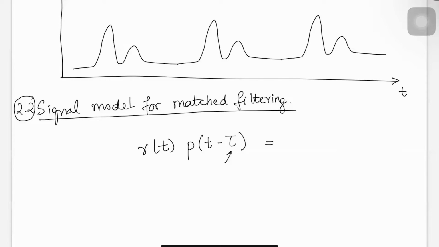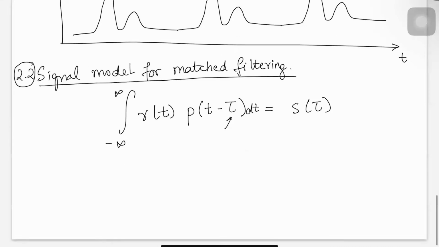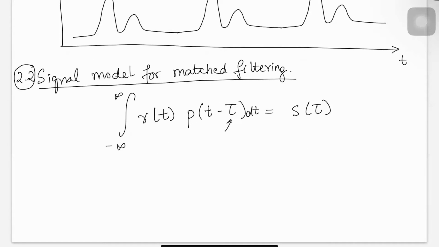And then you assign that to some s of tau. The addition, once you multiply these two signals, can be written as an integral in dt. That's exactly, in mathematical terms, what I did back there when I slid the template across and did a multiplication.